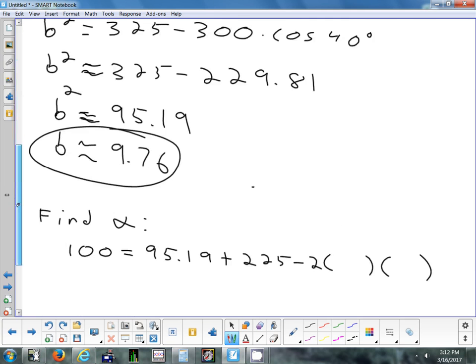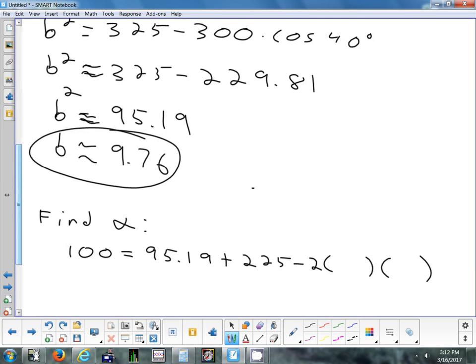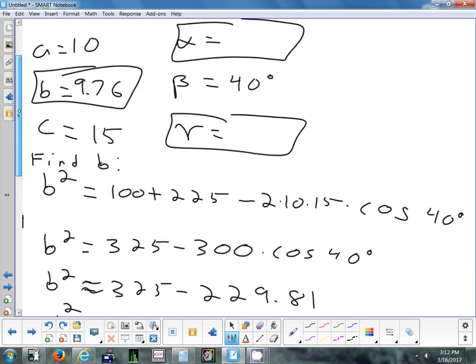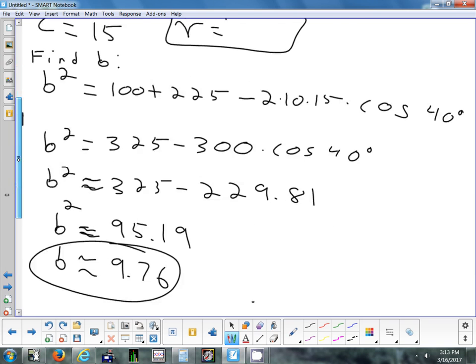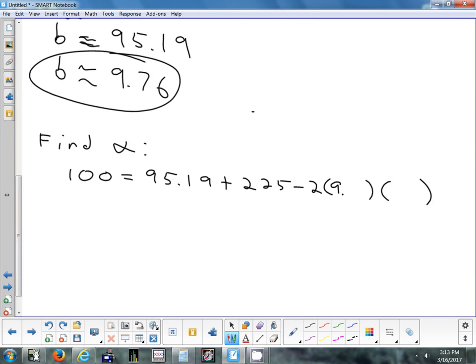So can you give me the formula? Because you're not using the right numbers. It's minus 2. Oh yeah, it's not squared. It's just the 2BC. 9.76. So yeah, 2B is 9.76 and C is 15. Cosine alpha.